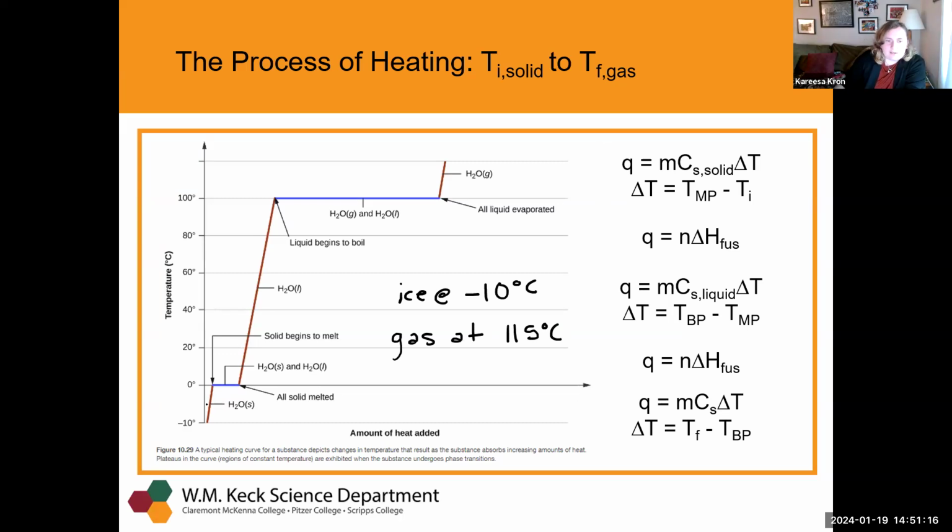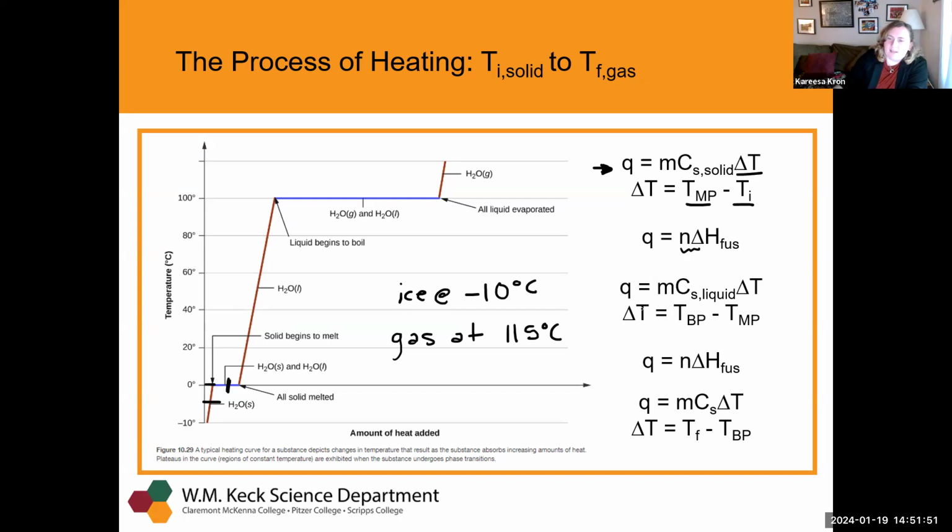So we start as a solid, and we're going to heat it up using MCΔT, until we get to the melting point temperature. So this first ΔT here is going to be the difference between the melting point temperature and where we started. And then we'll have to convert all the moles we have of that compound into this heat using the enthalpy of fusion to see how much heat it takes to move through this line.